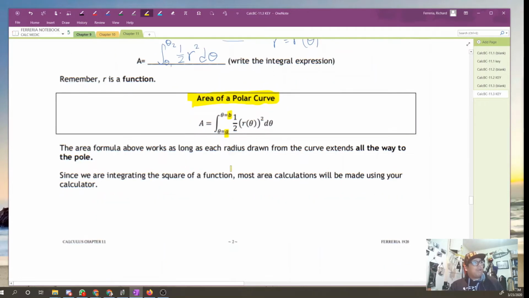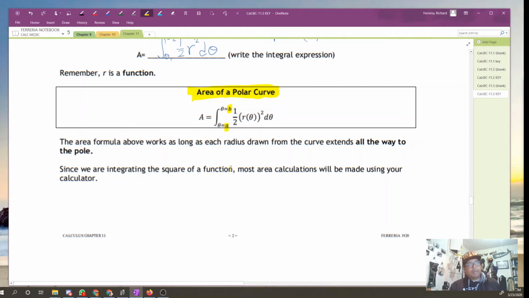Okay, one important thing is this formula only works if each radius drawn from the curve extends all the way to the pole. So for example, if I have something like this, and I want to find the area of this slice right here, this won't work because the radii don't go all the way to the pole.